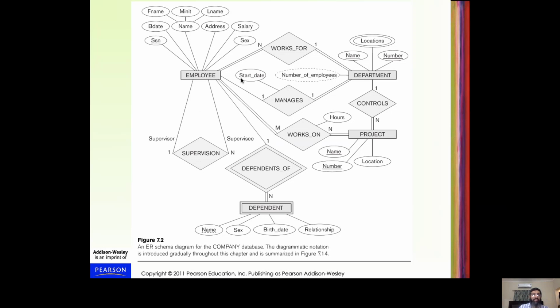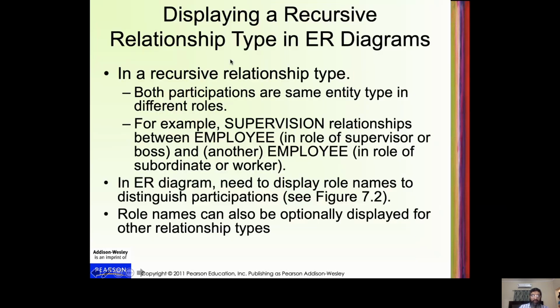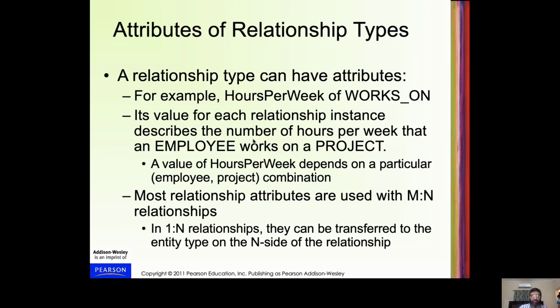So this is a recursive relationship. In a recursive relationship type, both participations are from the same entity type in different roles. One role is the supervisor role, another role is the employee role. So we use this for recursive relationships.